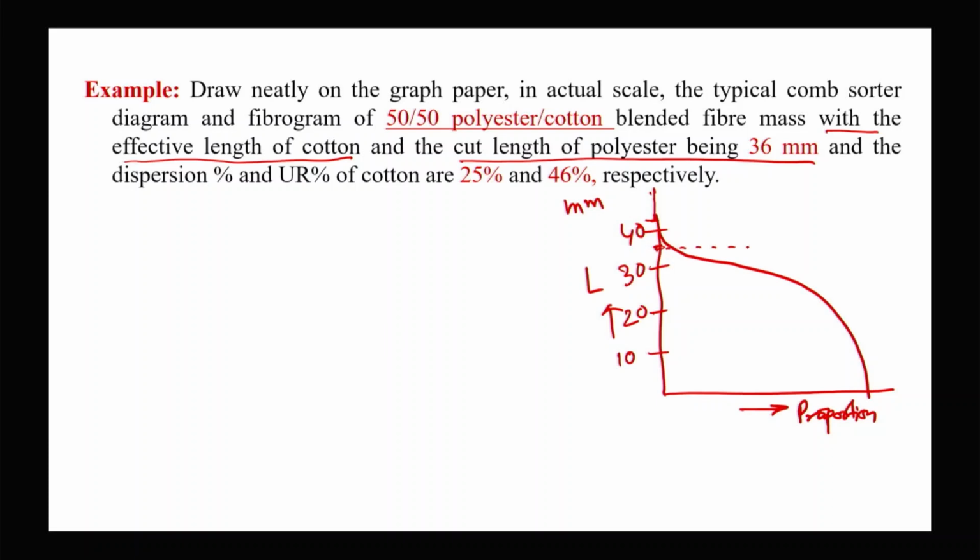So this is the polyester, and here polyester we can draw in a different color. So green color, polyester is there. Now first we have to draw it neatly, a typical comb sorter diagram, in actual scale. As we have already seen, we can draw it here.